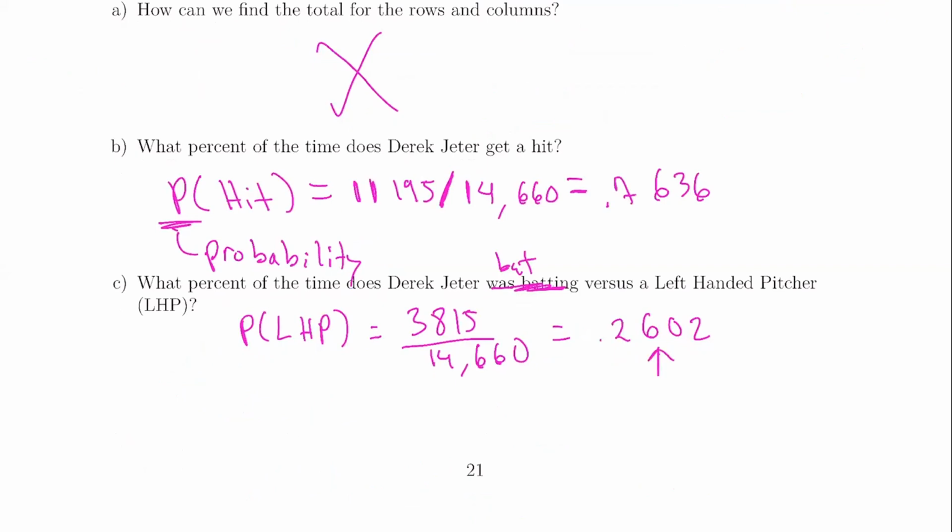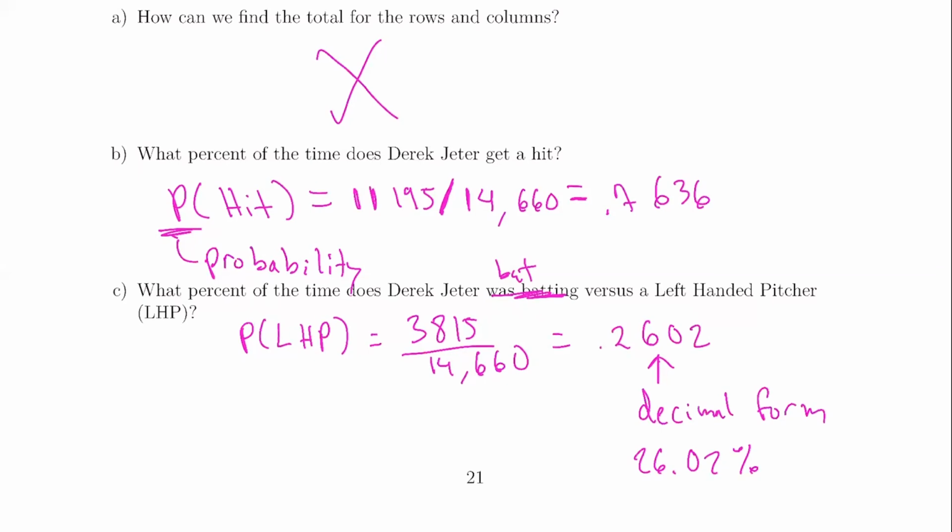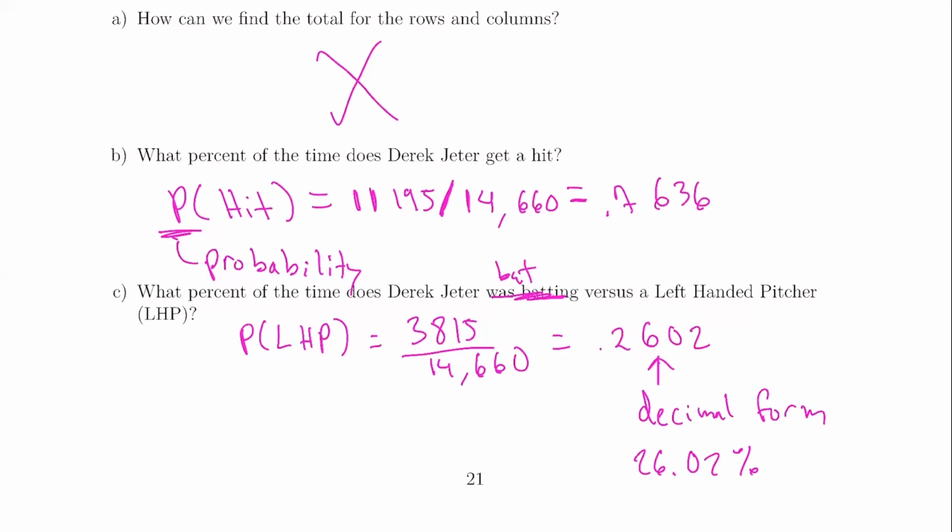And just know that this is decimal form. If I want it in percent form, it will be 26.02%. So just know the difference between percent form and decimal form. All right, but that's it for C.